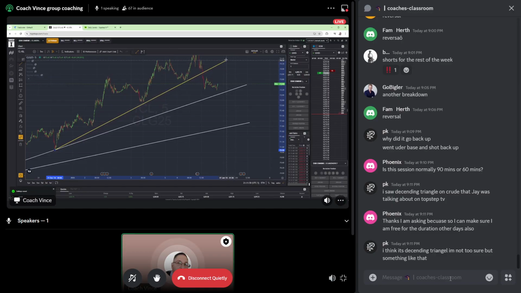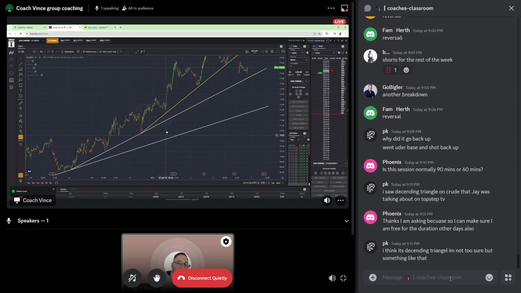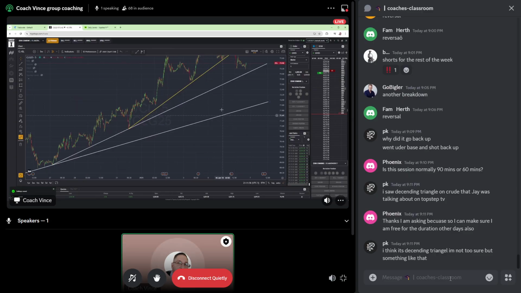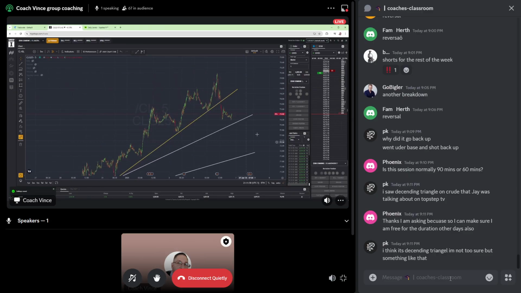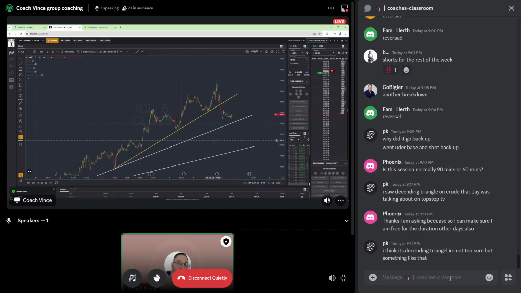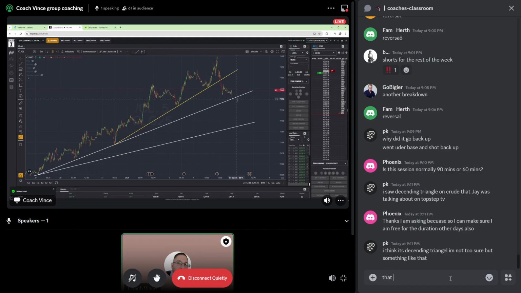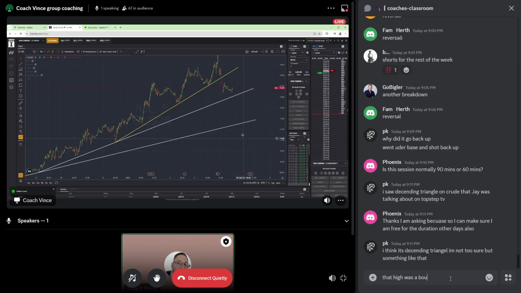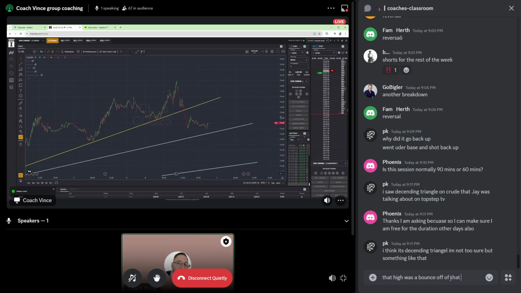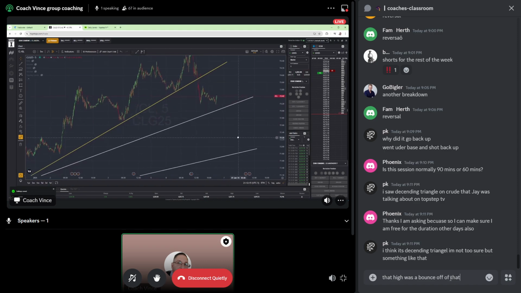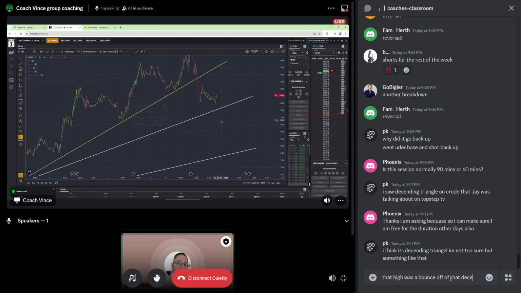So we have an outer, right? The degree on this is like, what, less than 45 or 45 degrees. And these are more shorter time frame. So you can see we broke structure here. We're probably going to test this line. If we break this line, I'm looking for the market to come back and test this one.